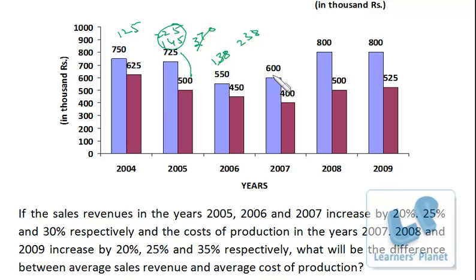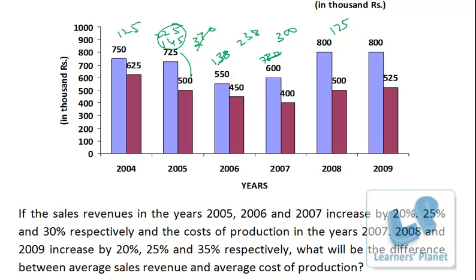So sales increased by 30% is 780, and cost increased by 20% is 480, so 780 minus 480 is 300. In 2008 the cost only increases by 25%, so 1/4 of this is 125, so 625, that means the difference is 175.